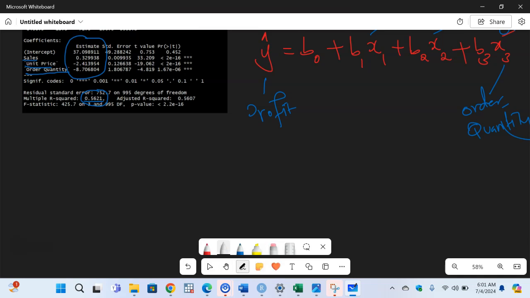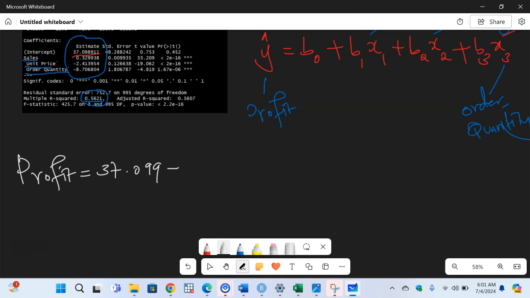Now let's do the model. So the profit here will be given by, what is our b0? It is normally our y-intercept. It's here: 37.0999, just let me put it as 37.99.